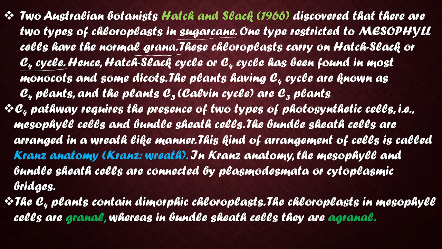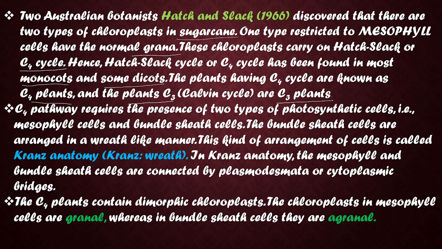The Hatch and Slack cycle, or C4 cycle, has been found in most monocots and some of the dicots. The plants having the C4 cycle are known as C4 plants. The plants having the C3 cycle are called C3 plants.